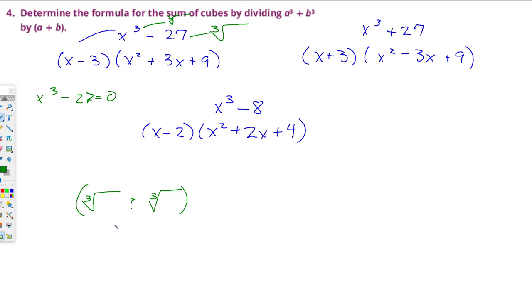How do I know what I'm going to place here? What sign? Because these two have minus, this one has plus. How do I know if I'm going to put a positive or a minus in the first parenthesis?